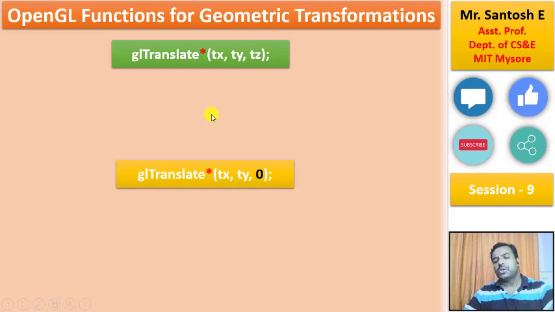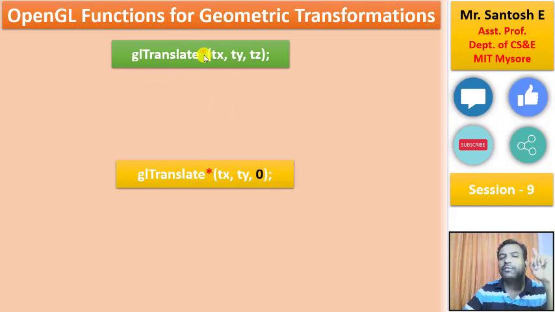Now about the star: if you remember the glVertex function, with glVertex star the star can be replaced with 2 or 3 characters. If it is floating point and for a 2-dimensional point, I would have used glVertex2f. Similarly over here, this star can be replaced with 1 character now.